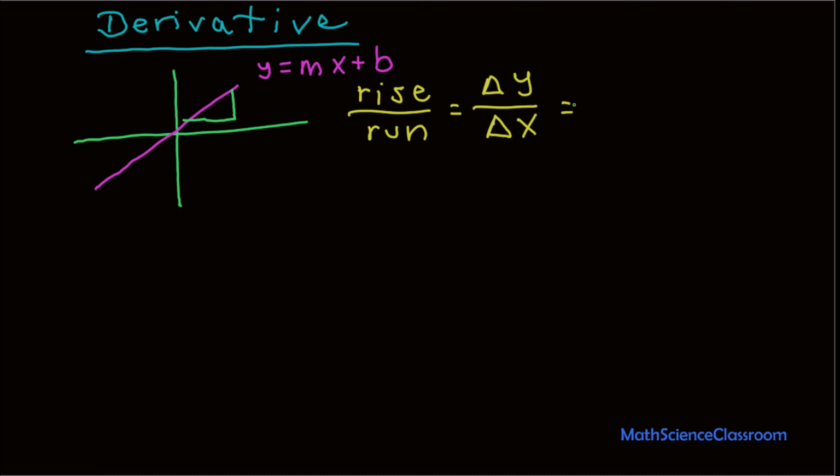That's simply the change in y over the change in x. And then another definition for the slope would be the rate of change. So all of these are different ways we use to describe the slope. And this, y equals mx plus b, is a straight line, so it's very straightforward. The slope is the same on every point of the line.